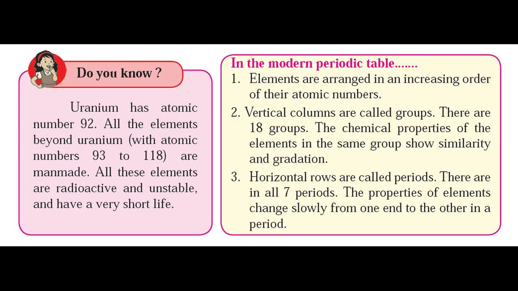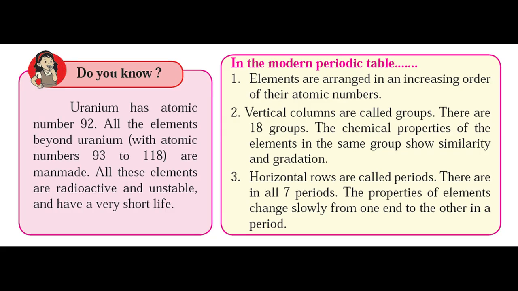Uranium has atomic number of 92. All the elements beyond uranium, with atomic number between 93 to 118, are man-made, artificial. All these elements are radioactive, they are unstable, and they have a very short life because they are radioactive. In the modern periodic table, elements are arranged in an increasing order of their atomic numbers.